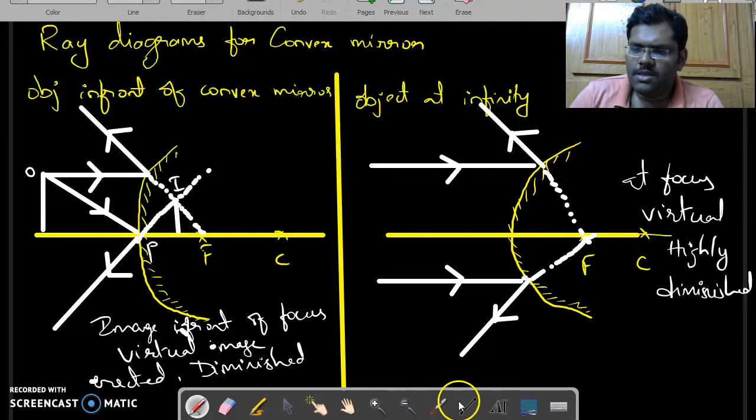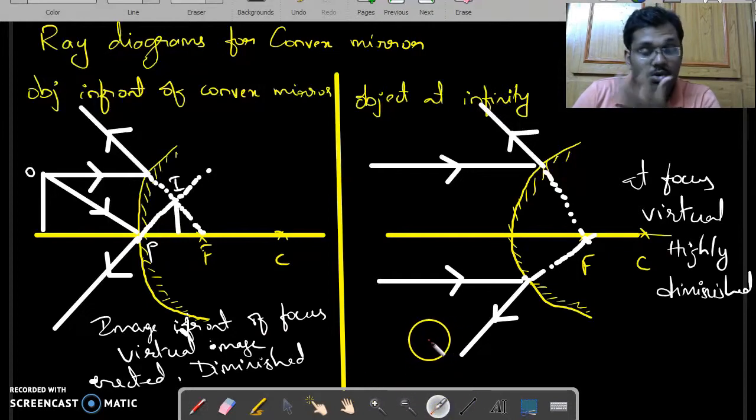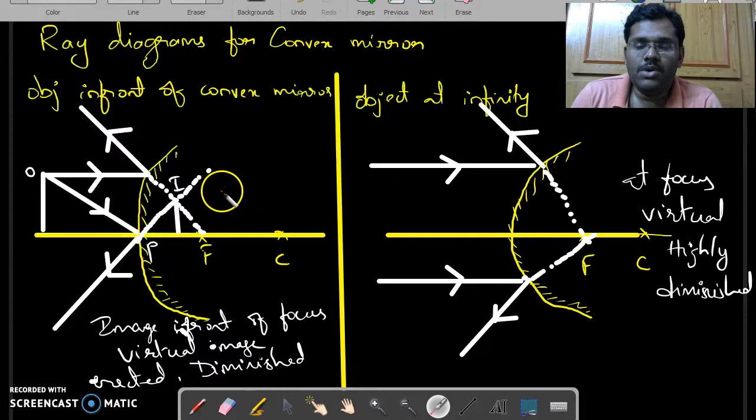Keep in mind, if you want to get exact ray diagrams, you need to take the measurements. This is the convex mirror, and you have kept the object in front of it. If you pass a ray parallel to the principal axis, it diverges over here, and if you extend it, you get a ray passing through the focus, and the second passing through the pole, which gets reflected back, and this reflected ray is extended.